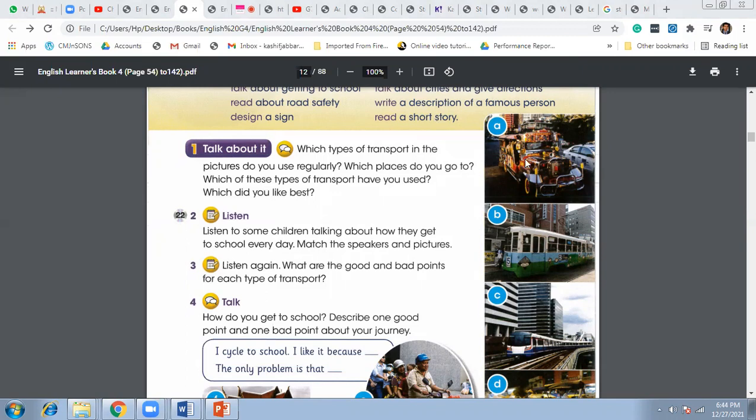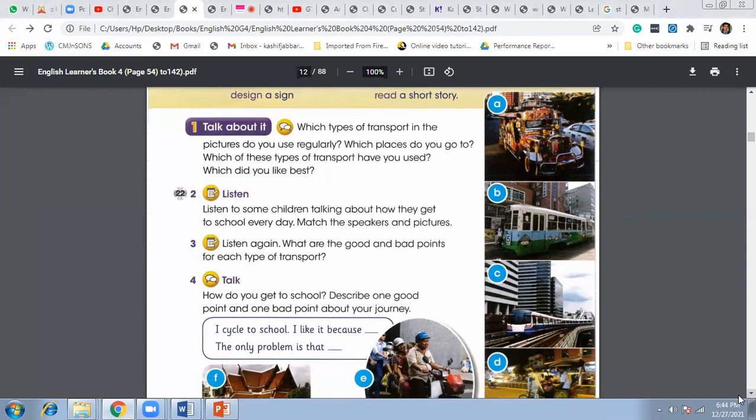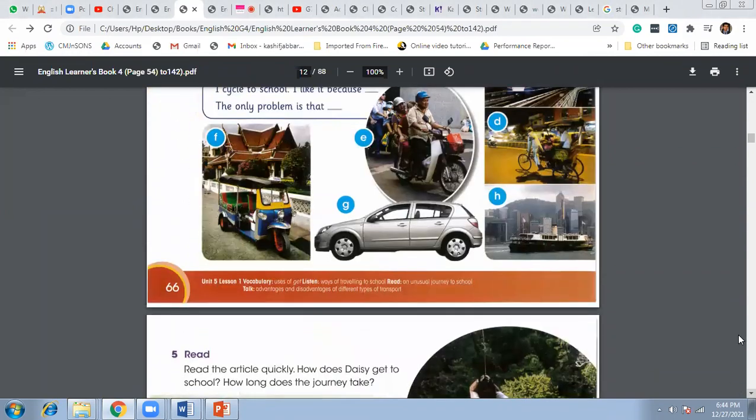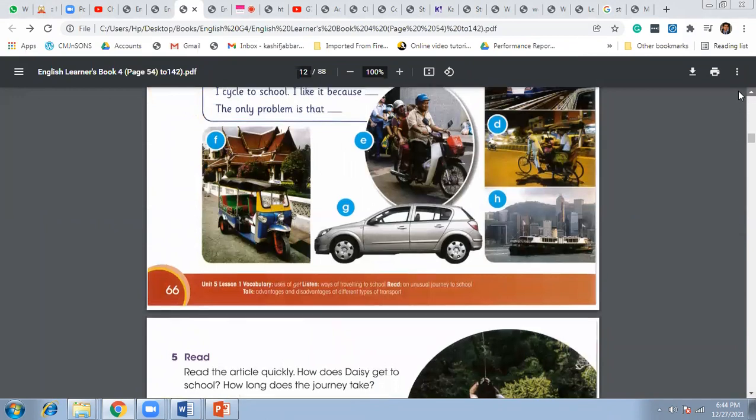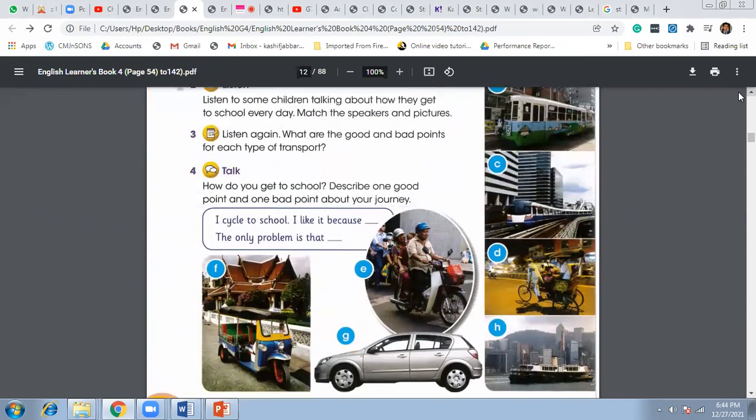have you ever used these transports in your life? Which one usually you use? A and B and G and A and B and G and A and B and E and H and F. Right.